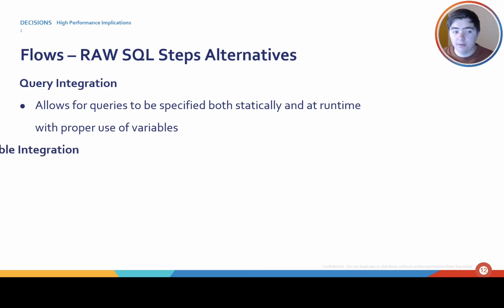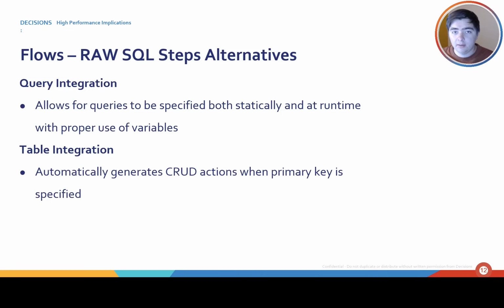Another option that you have would be a table integration. When you create a table integration against a database, whether it's a native database, the one that Decisions is installed against, or an external database that it's connected with, you can utilize this integration and it will automatically generate CRUD actions when there is a primary key specified, which for all relational databases, there is.